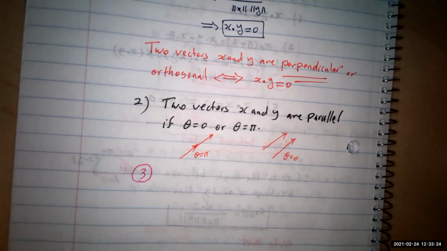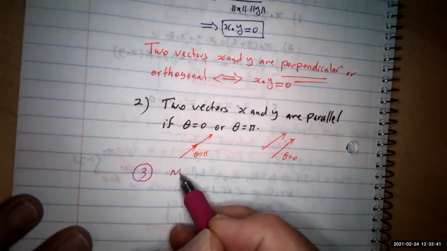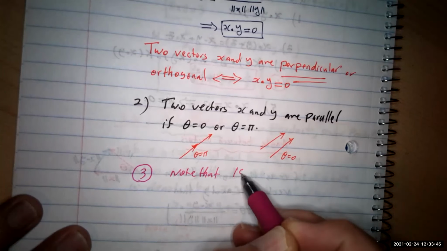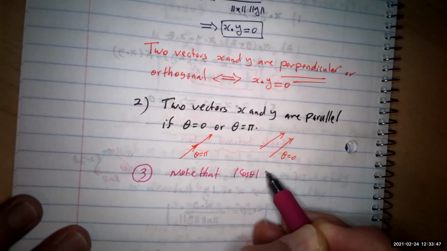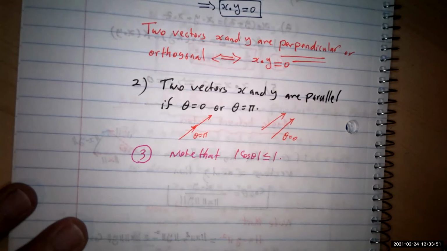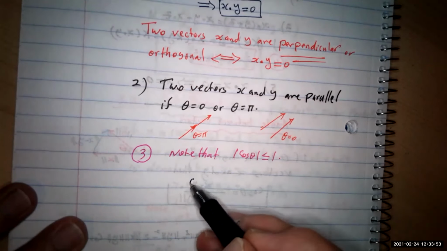If you want to continue studying advanced linear algebra, this inequality is very important. You know that the cosine is between 1 and -1, or note that the absolute value of the cosine of theta is always less than or equal to 1. So what's your formula?